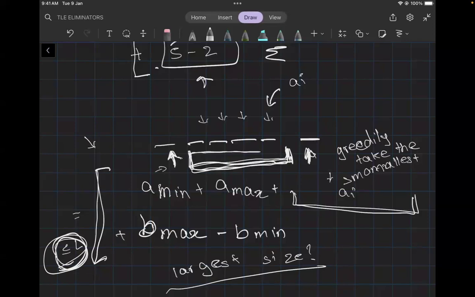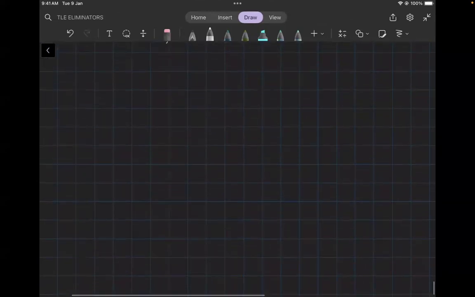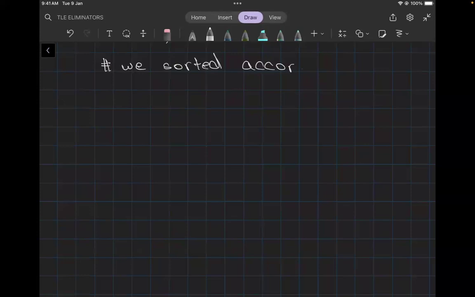Okay. So what did we do till now? Let's just recap. We sorted according to B values. Now I have these elements.